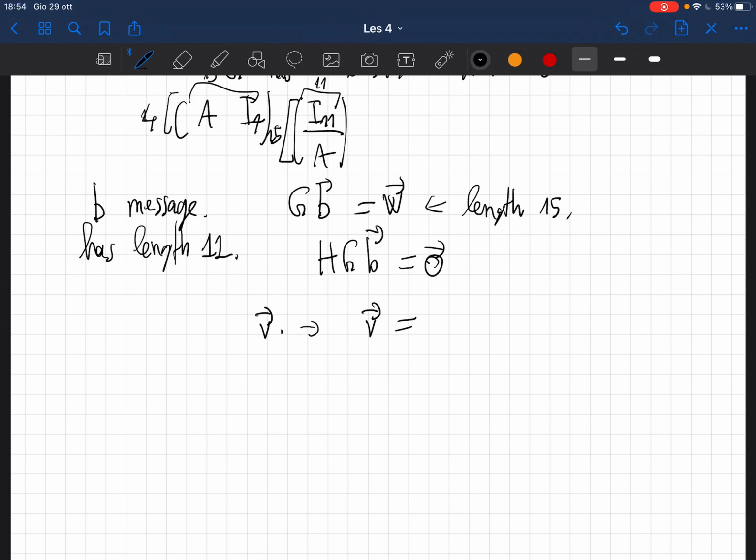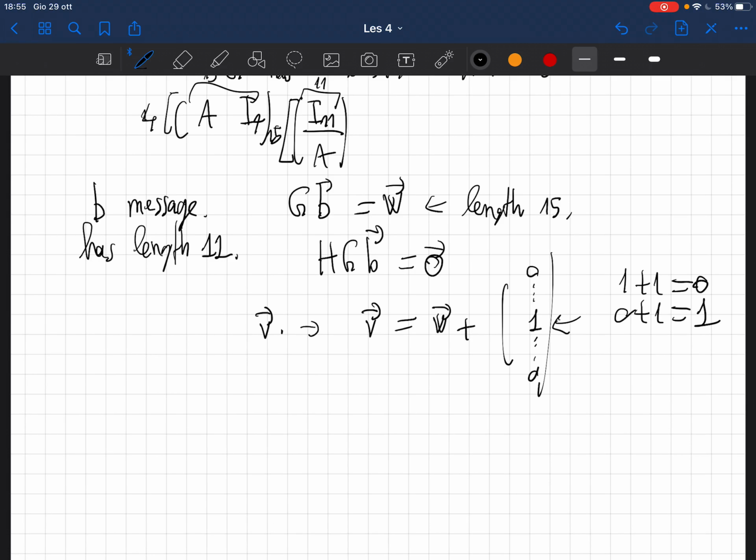So it means that if W is the correct one, then V and W differ by just something like this. This is just the vector which has all zeros and just a 1 at some position, recalling that if you do 1 plus 1 you get 0, and if you do 0 plus 1 you get 1.